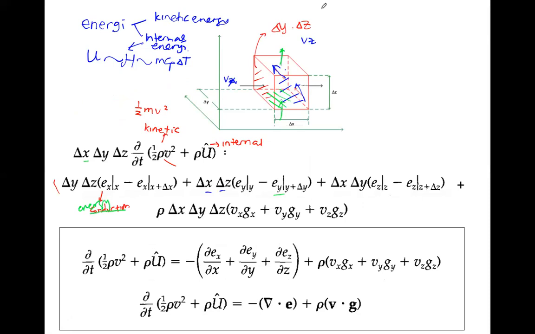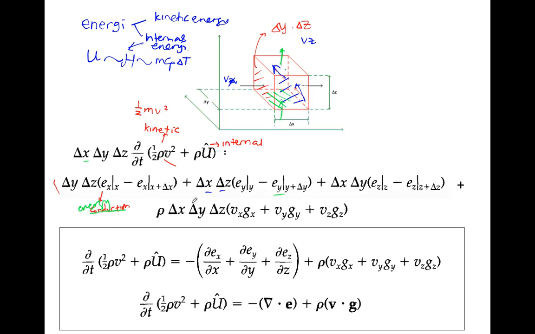What does it mean with the equation of energy? If this is the Cartesian diagram, and then we put a space coordinate with dx, dz, and also dy, for example. And then we break down the kinetic energy and the internal energy. This is the kinetic energy, and this is the internal energy. And this one is the E, which is conduction, convection, and so on.